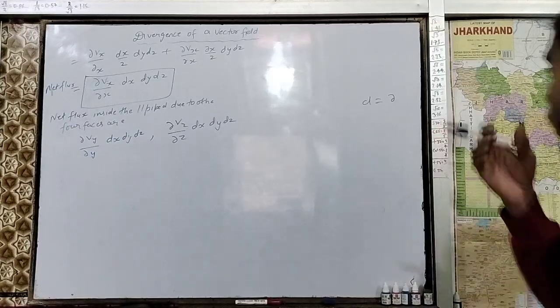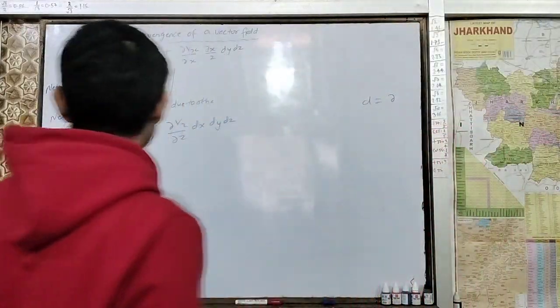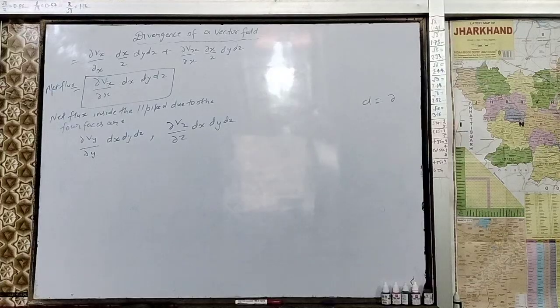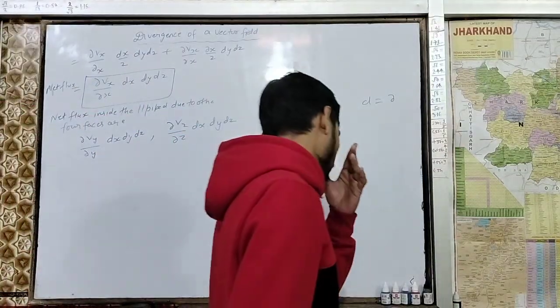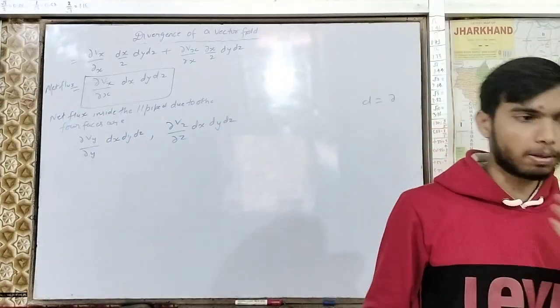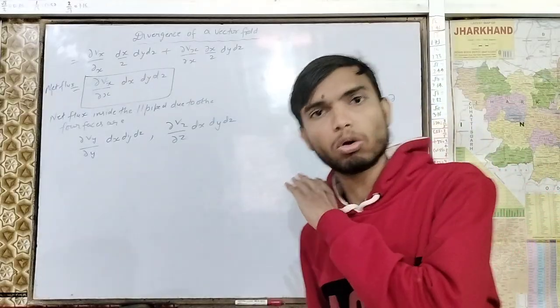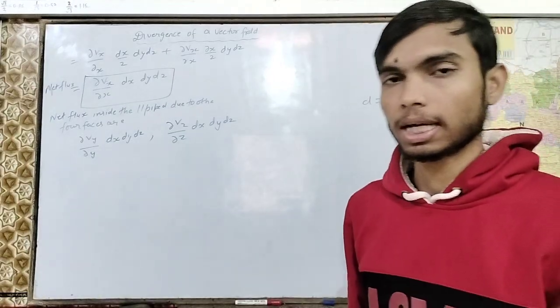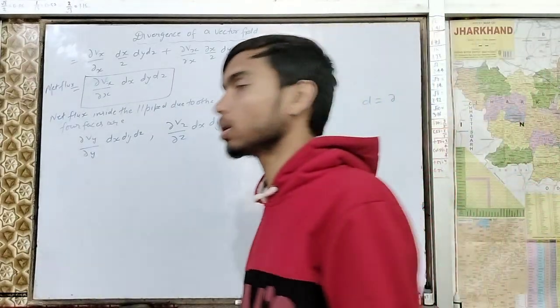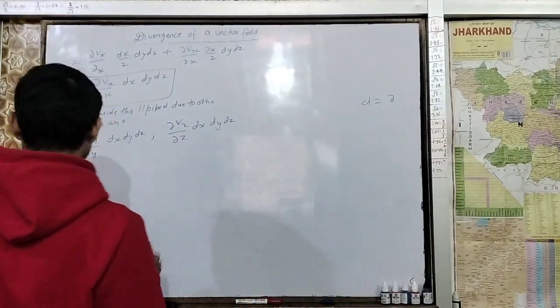Okay. Now let's find the total flux inside the parallelepiped for all faces, not only ABCD or PQRS, for all faces. In that case, we need to sum up.